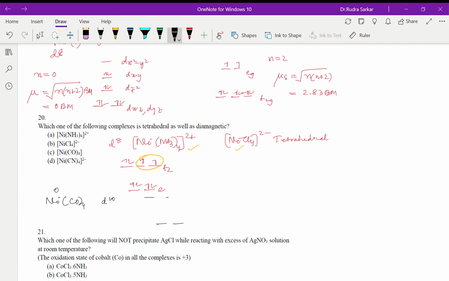So obviously out here we can see 1, 2, 3, 4, 5, 6, 7, 8, 9, 10. So n equal to 0, and so diamagnetic, and this is also tetrahedral.